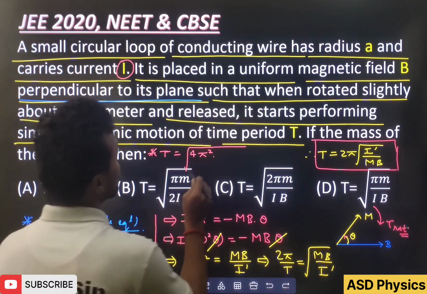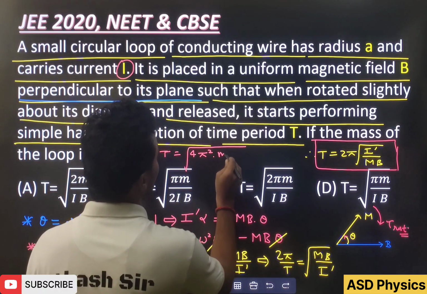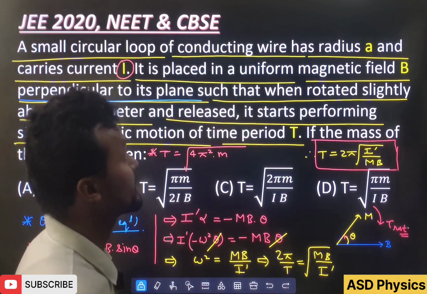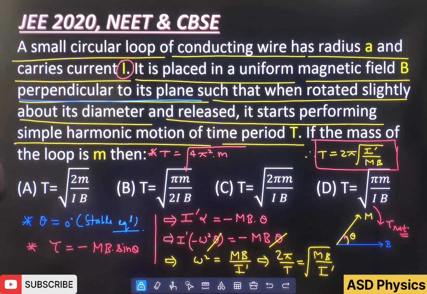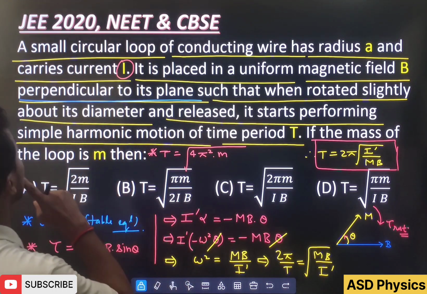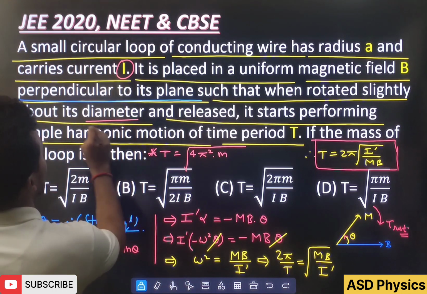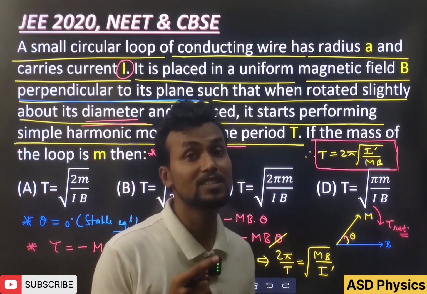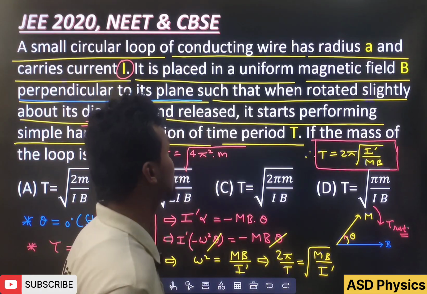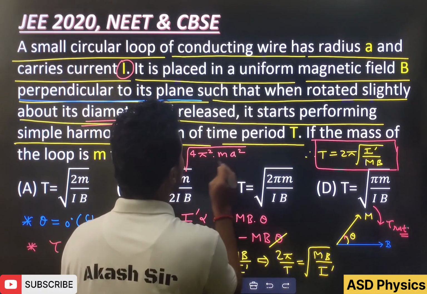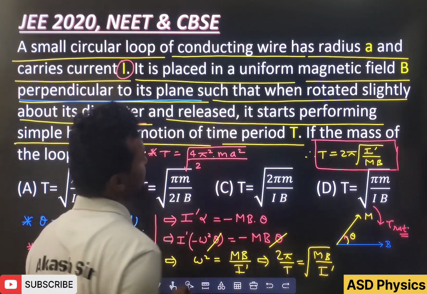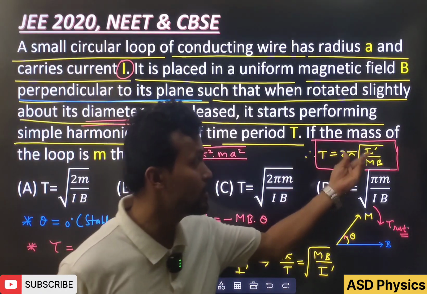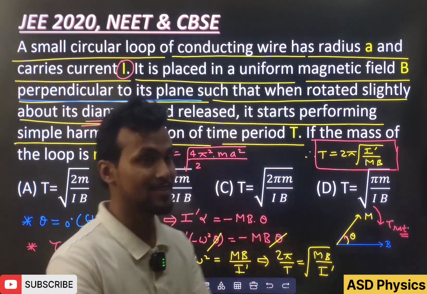So moment of inertia is given here: m into, a small circular loop of radius a, around the diameter. For the circular loop, moment of inertia around the diameter is how much? Mr square by 2, but here it will become m a square by 2. I have taken m a square by 2 this side. Yes, this is the moment of inertia about the diameter.